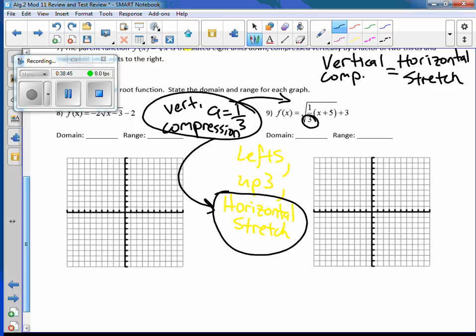So it's left 5 up 3, so 1, 2, 3, 4, 5. 1, 2, 3, so here's our point right here. Okay, and so we have a 1/3. That's just going to mess with our points.